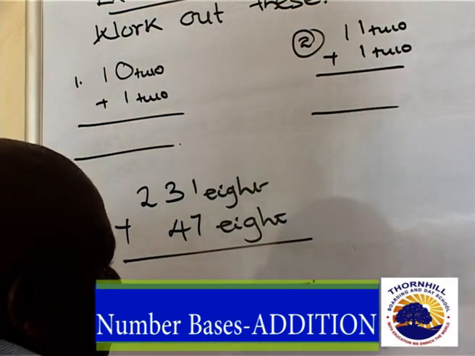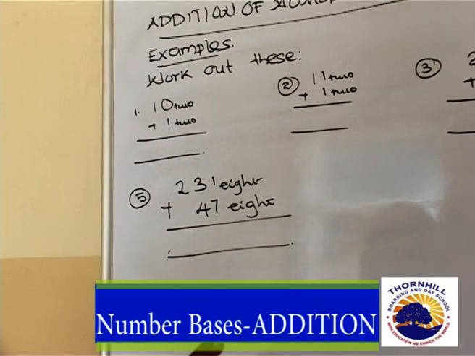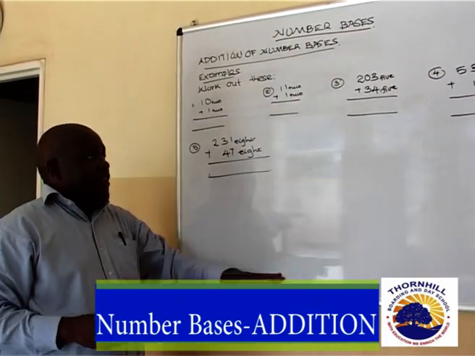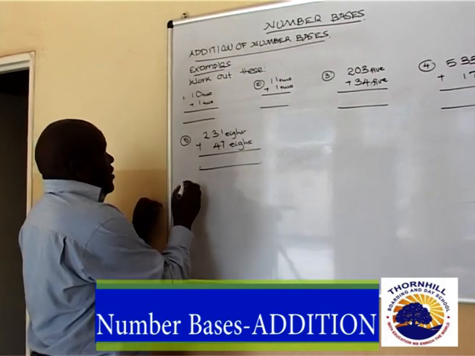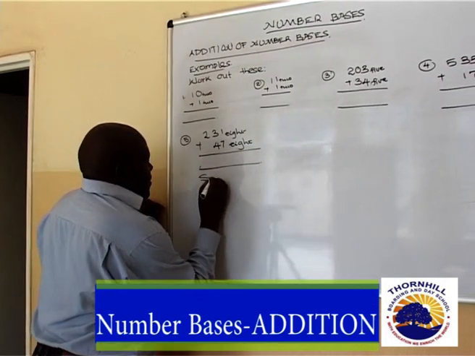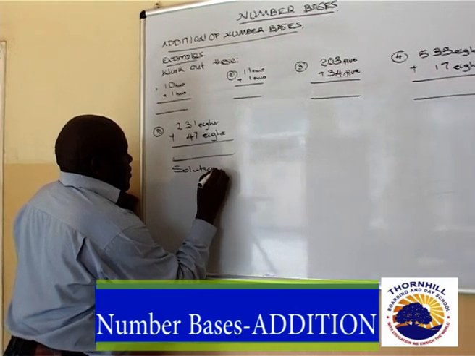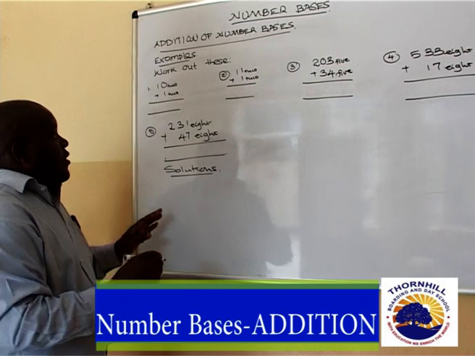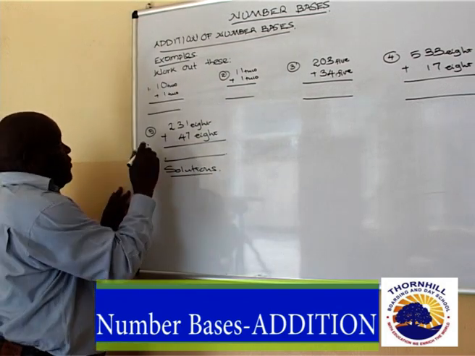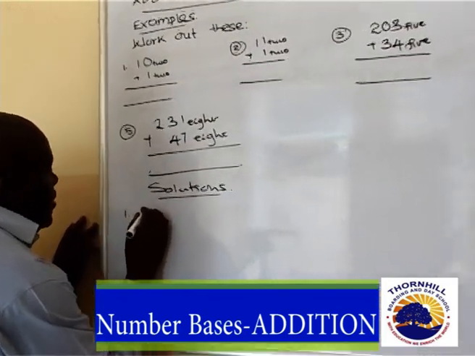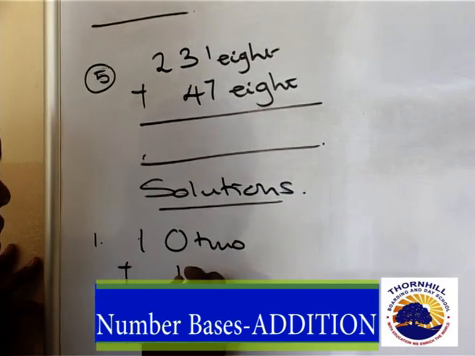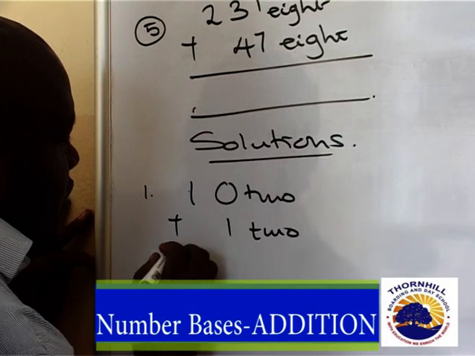Okay. Usually when I give questions, I like my learners to copy the questions as they are, and then you write solutions underneath. This is where you show your working. So you get your number 1 as 10, base 2, plus 1, again base 2.